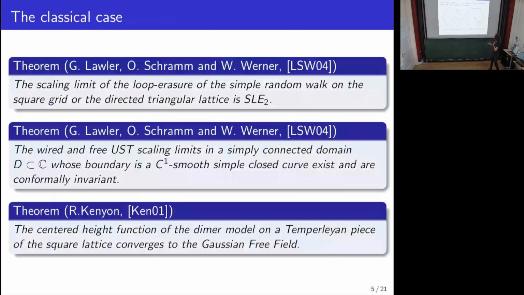And this is proved by Lawler, Schramm, and Werner to be SLE2, the scaling limit. In particular, also in this triangular case that we're in here, but also in the square grid. And these are now theorems for the other two convergences: the tree converges to a scaling limit, and the height function converges to a Gaussian field.